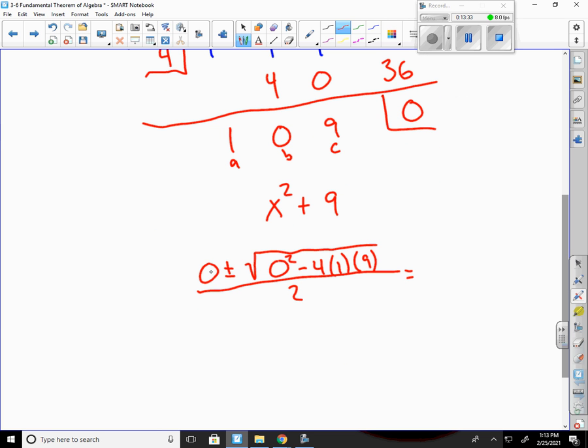The 0 just kind of goes away. It's plus or minus the square root of 0 squared is 0, -4 times 1 is -4, times 9 is -36, over 2.